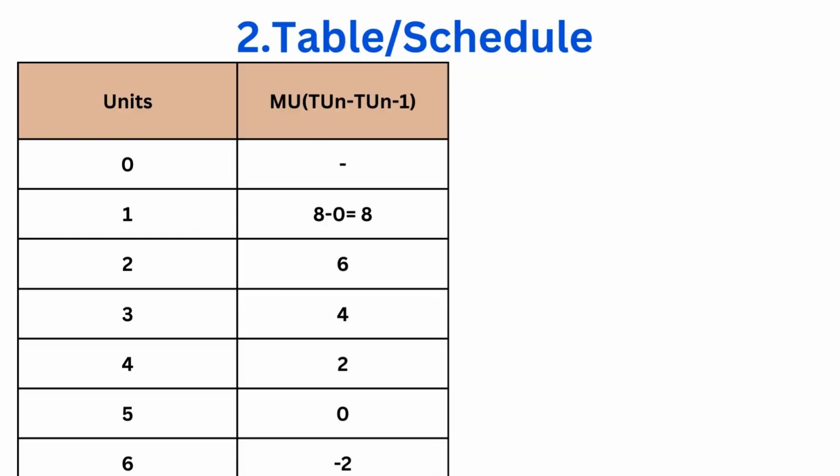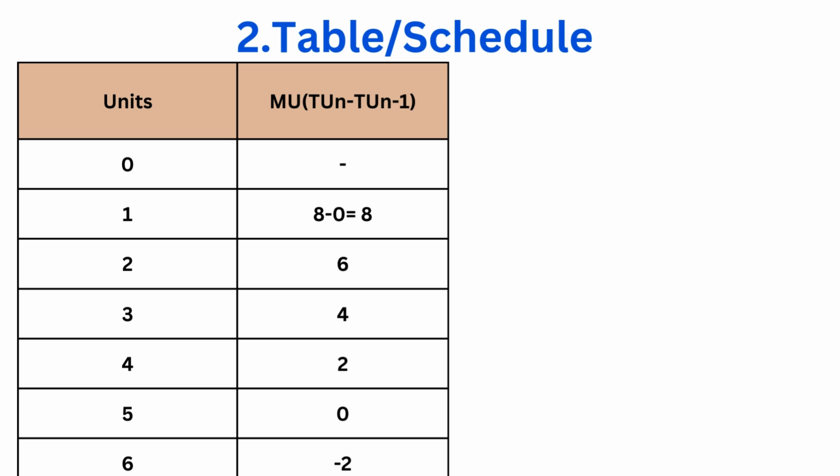Now we will make a table explaining the law of diminishing marginal utility. This table will have two columns, units and MU. You may remember, learners, that this is the same table that we drew in the earlier video where we explained the relationship between TU and MU.